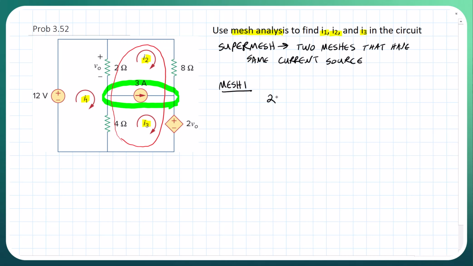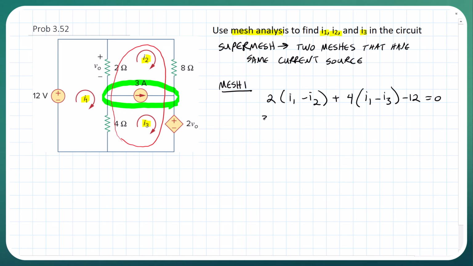So I got 2 ohms times I1, which is coming down the resistor here, but we also have I2 going up the resistor, so minus I2, plus coming down the branch here, we got 4 ohms down here, that's a 4 ohm resistor, again times I1, but down here we have I3 going up in the opposite direction, so we're just going to say minus I3. Okay, and then continuing around the loop here, we run into minus 12 volts, and then we set all that equal to 0.